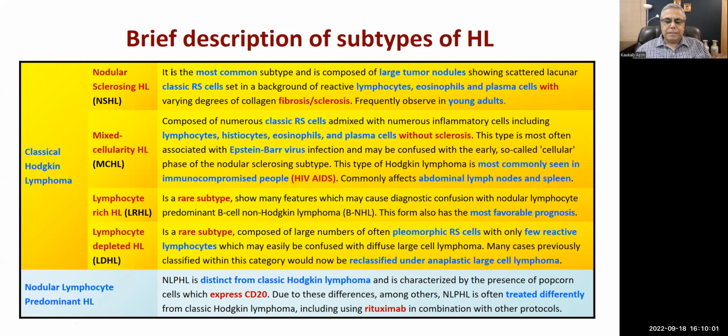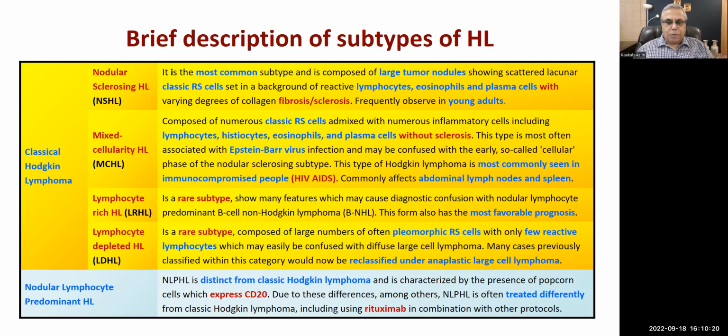Nomenclature of these antibodies is based on certain things, whether they are derived from mice or what percentage of mice portion does it have, what percentage of human portion does it have?